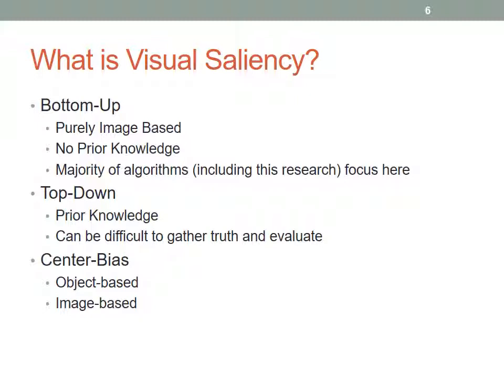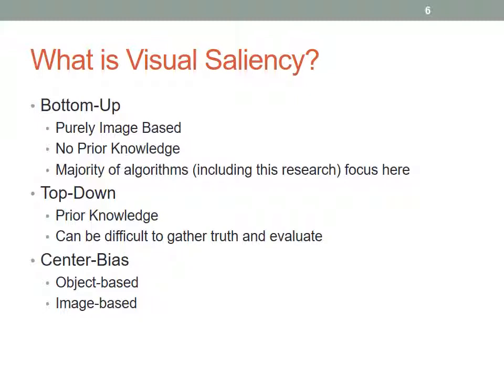And then after looking at some things, a quality that I found in some research is that visual saliency does have a bias near the center. That's the center of objects, and also the center of the image. I believe one of my references in the paper, I think reference 11, talks about center bias and how it affects human eye fixations. Object-based center bias is, if you see an object, you're more than likely to look at the center of the object and not the entire object.